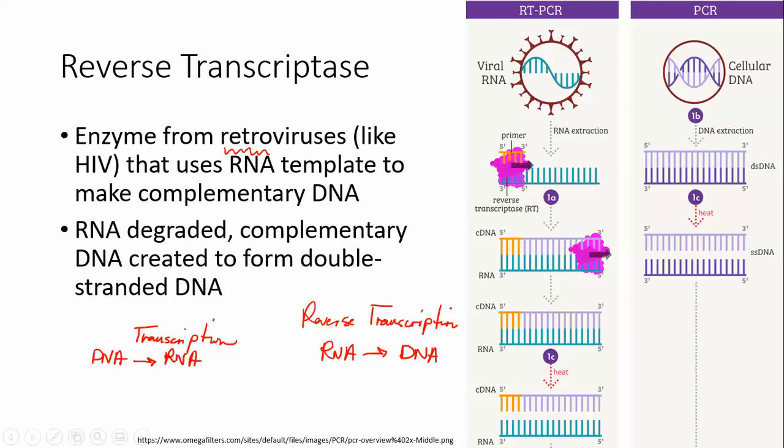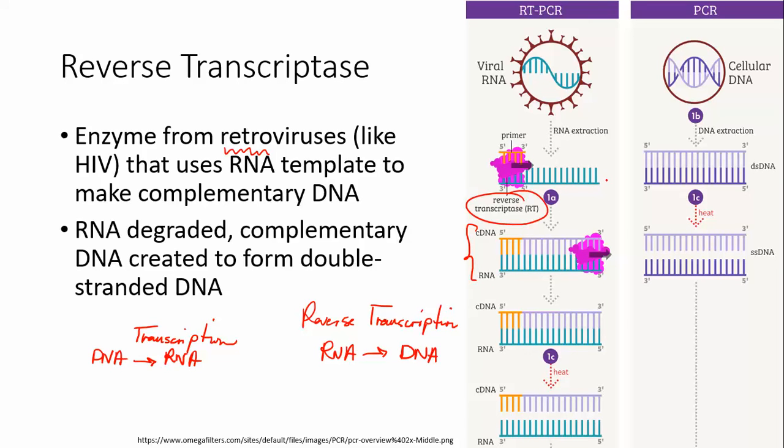So what ends up happening is retroviruses like HIV, human immunodeficiency virus, actually have their genetic material as RNA. When it gets put into a cell, they dump in their RNA, and they also dump in this reverse transcriptase, which then uses their RNA as a template to make some complementary DNA, which is the stage that you see right here. So here's reverse transcriptase.